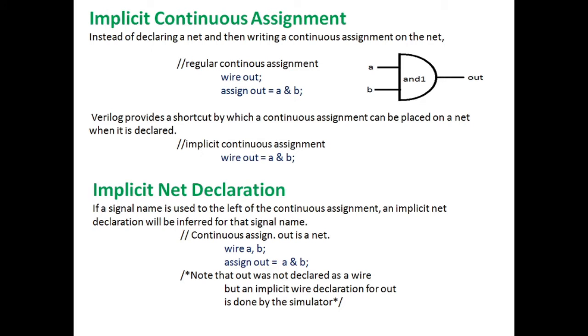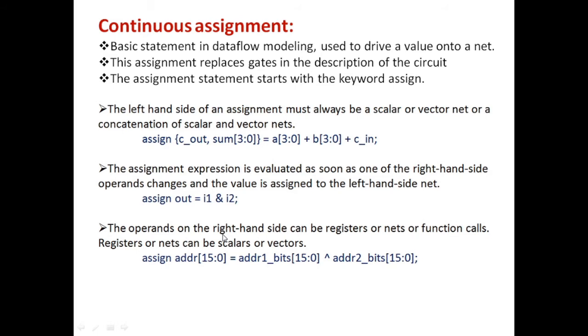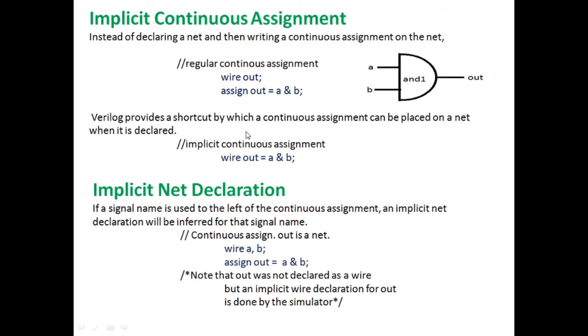Again, these continuous assignment statements are classified into some categories. Let us take the same example, an AND gate. A and B are the inputs, and out is the output. The output variable definitely has to be of type wire or net.